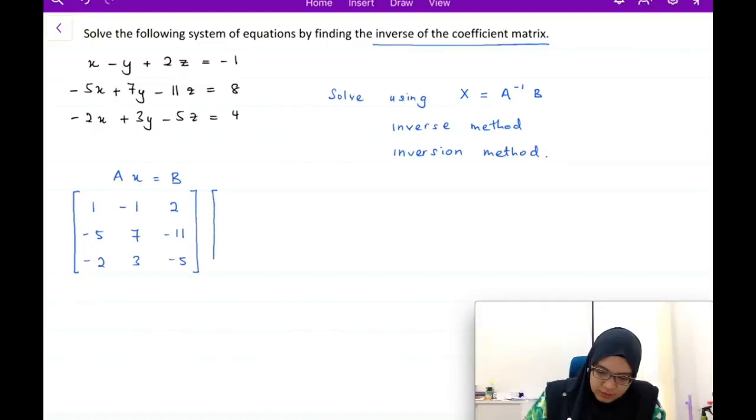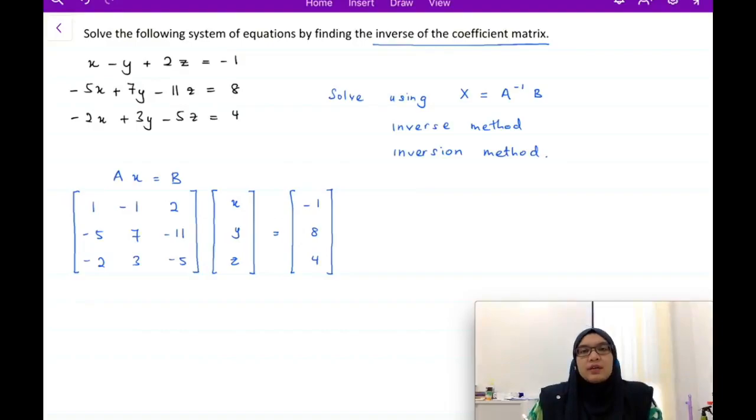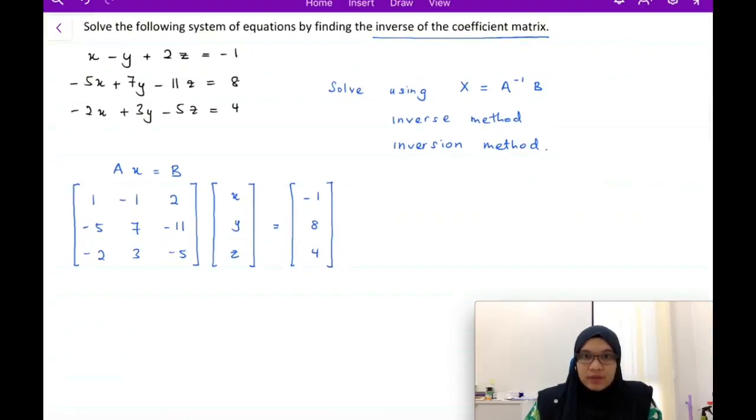And we have the column vector of the variables x, y, z, and the column vector of constants negative 1, 8, and 4. Now we have written the equation in the form Ax equals B. Next we need to find the inverse of A.